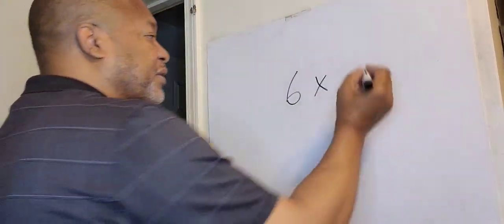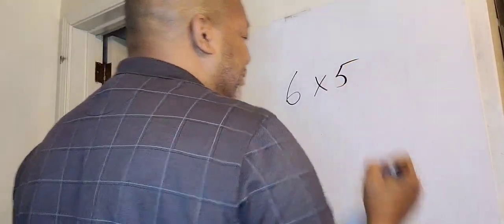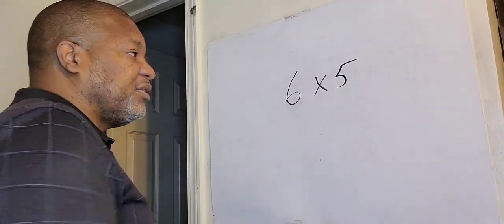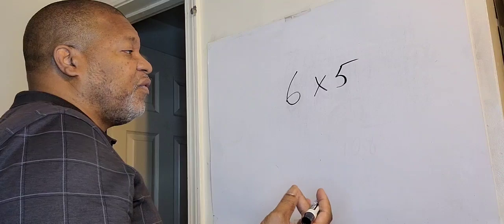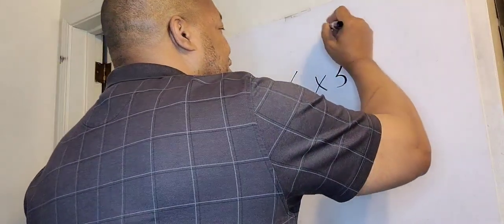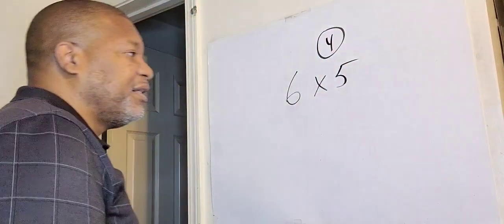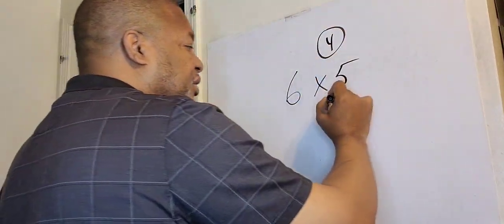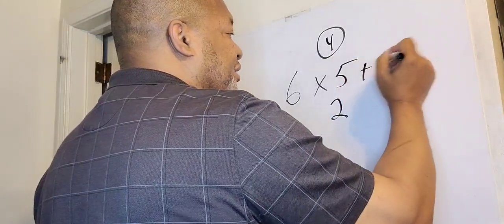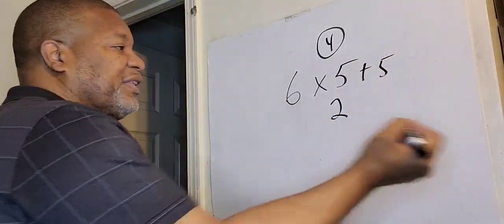Okay, now let's go to 5. You're excited by now. You look at 5, you say it's an odd number, so you bring it down to a 4. Imagine it's a 4. So you can just think that this is in your mind a 4. Okay, so half of 4 is a 2. And then you say 5 plus 5 equals 10.